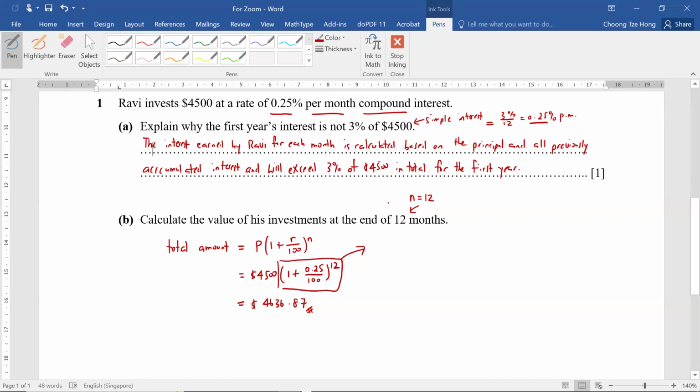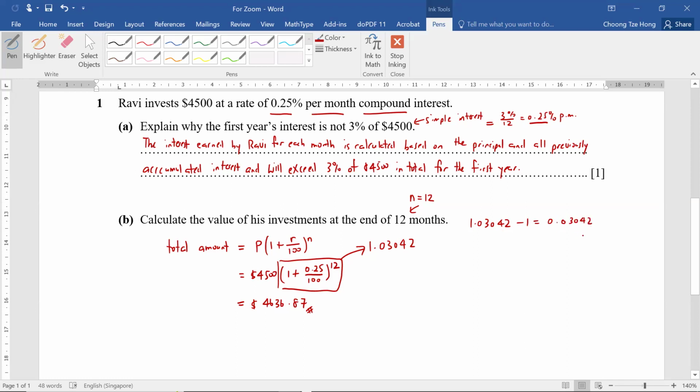Let's calculate 0.25 over 100 plus 1, to the power of 12. It gives you 1.03042. If we subtract away 1, we will get the interest rate for 1 year based on this compounding of 0.25% per month, which is 0.03042.